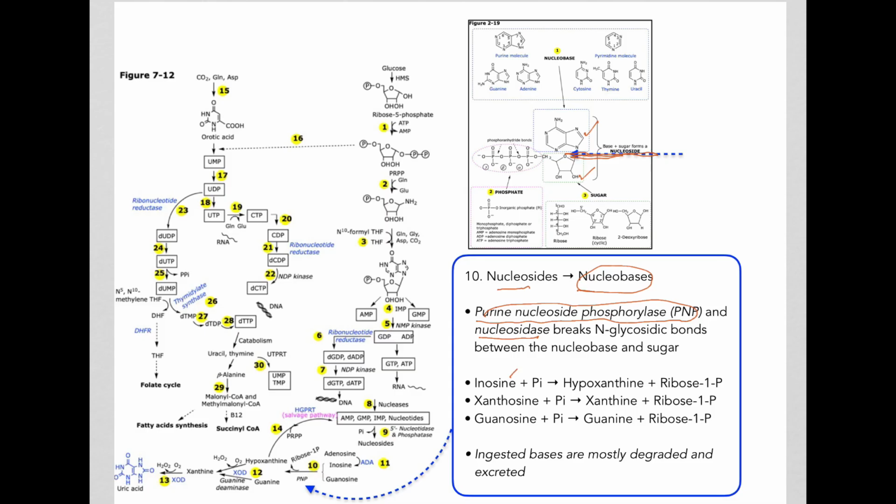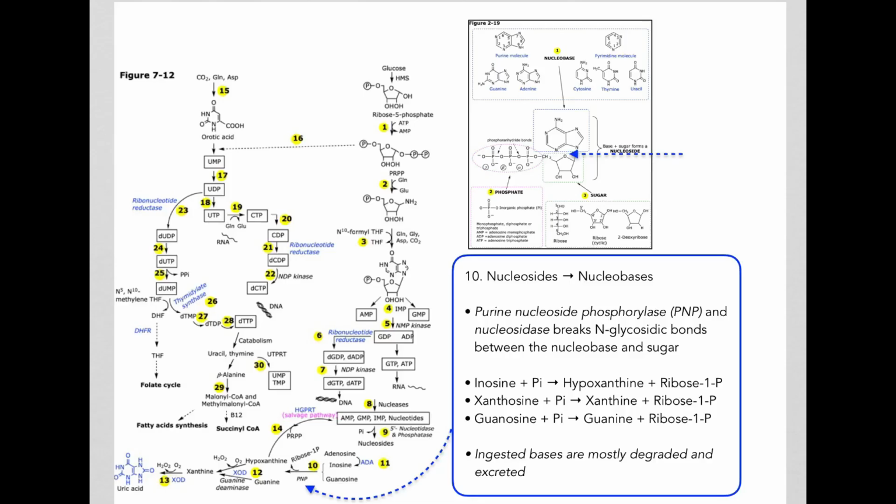So inosine can be converted to hypoxanthine, the nucleoside xanthosine can be converted to xanthine, and the nucleoside guanosine can be converted to guanine. Now during digestion, most of the bases that we ingest in our diet are mostly degraded and excreted in the GI system. So we rarely absorb these bases into our bloodstream.